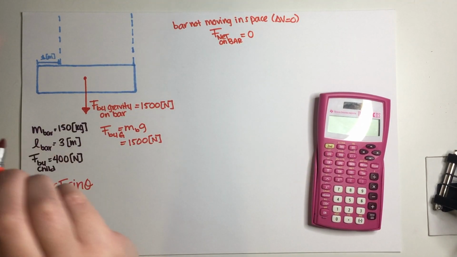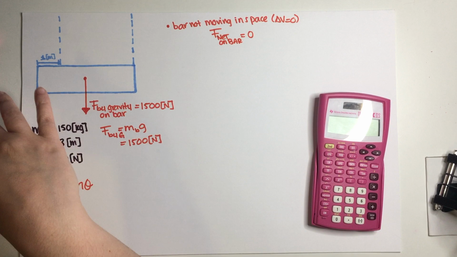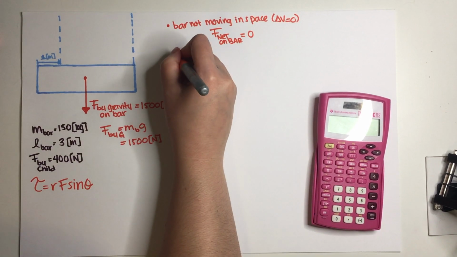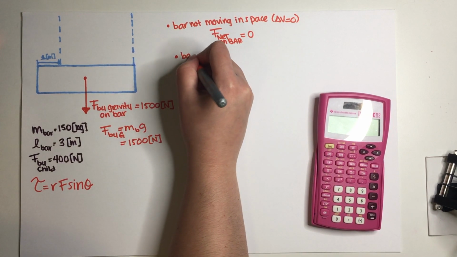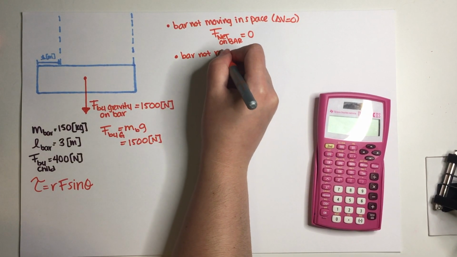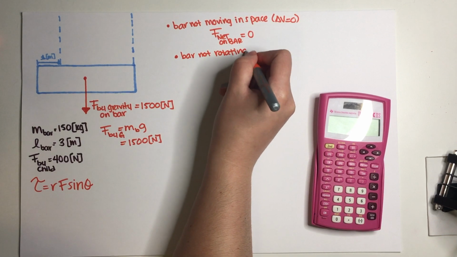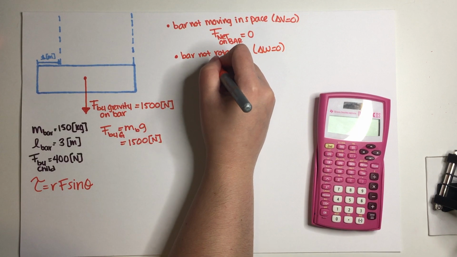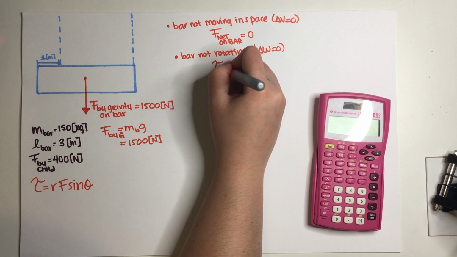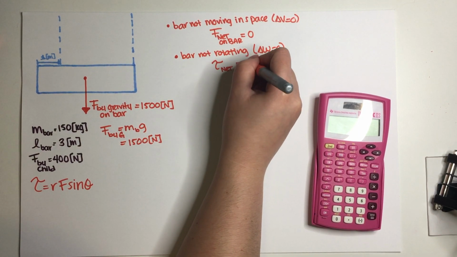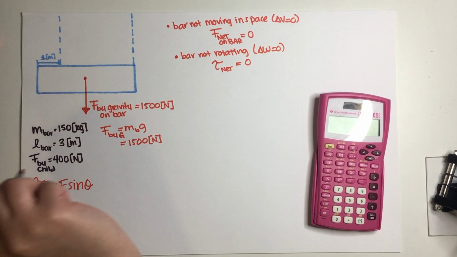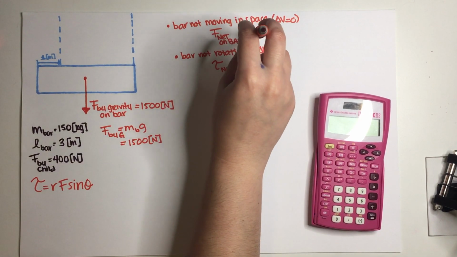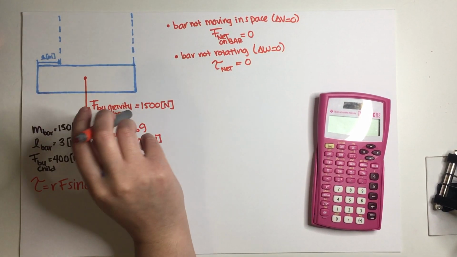The next thing we need to notice is that the bar is not rotating around any axis of rotation. This means that the sum of all of our torques on the bar has to be equal to 0. This is going to be very important because it is what will help us figure out what the two tension forces are.